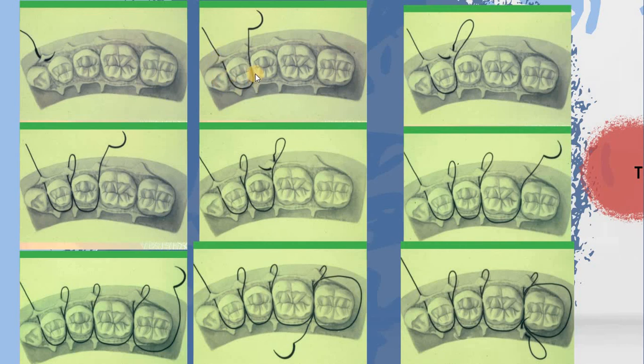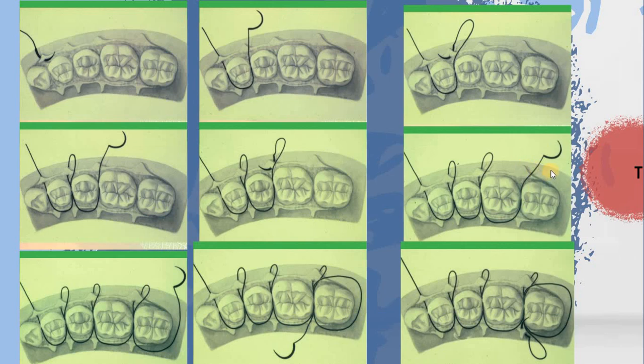Just wrap it around the tooth, and you exit on the same buccal side, and you hit the buccal side, and go lingually without hitting any tissue, then hitting the buccal side as you see here, then going and going without hitting the lingual side, just hitting the buccal.